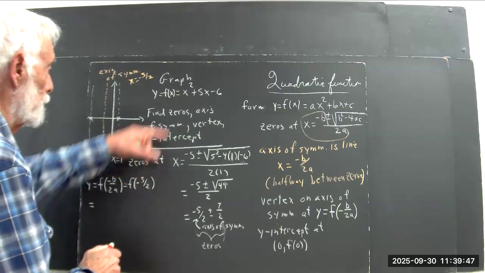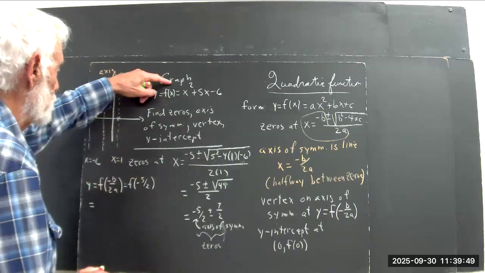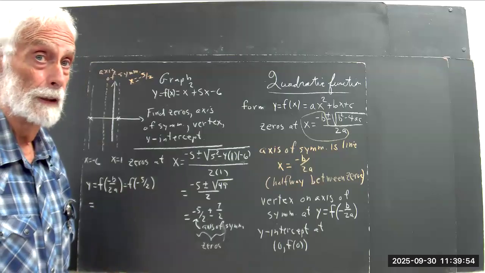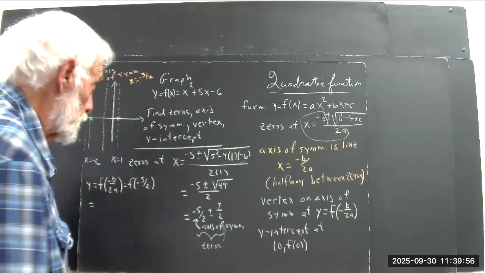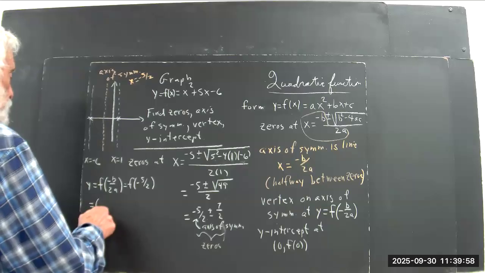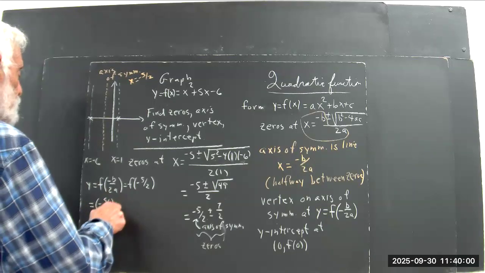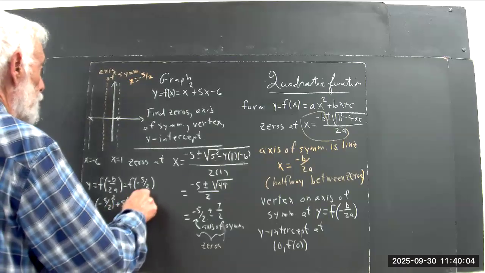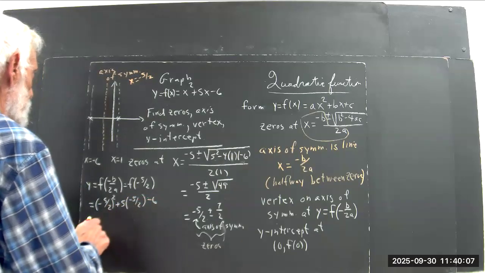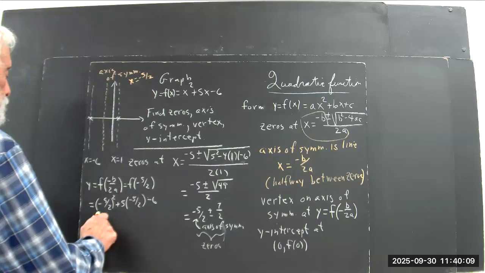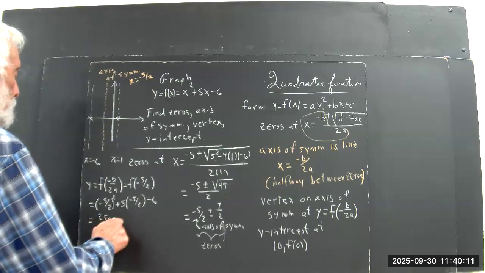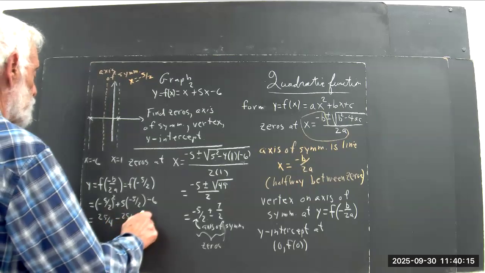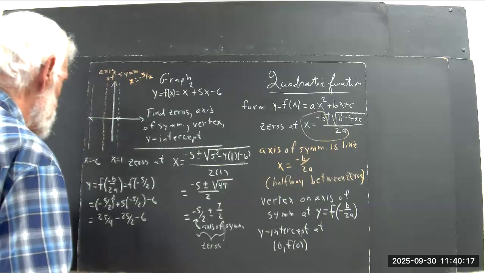Well, we just plug negative 5 halves in for x. X has been replaced by negative 5 halves. We replace all the x's by negative 5 halves, just like we do when we're making a composite. So that's negative 5 halves squared plus 5 times negative 5 halves minus 6. Okay, well, that equals 25 fourths. And this equals 25 halves, and you have minus 6 there.